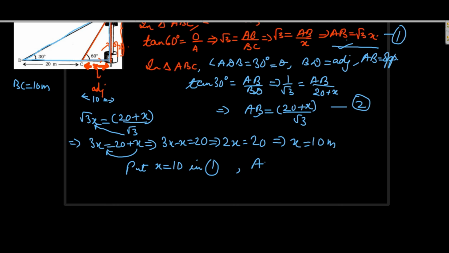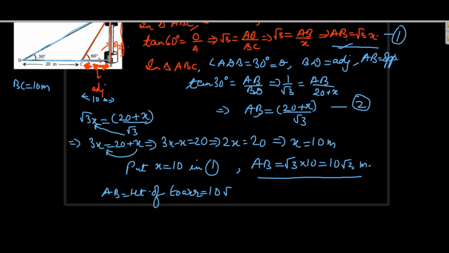So AB is equal to root 3 into 10, or AB is equal to 10 root 3 meter. So that is our answer. In the answer, AB, that is the height of the tower, is equal to 10 root 3, and the distance BC came out to be 10 meter. So this is our solution.